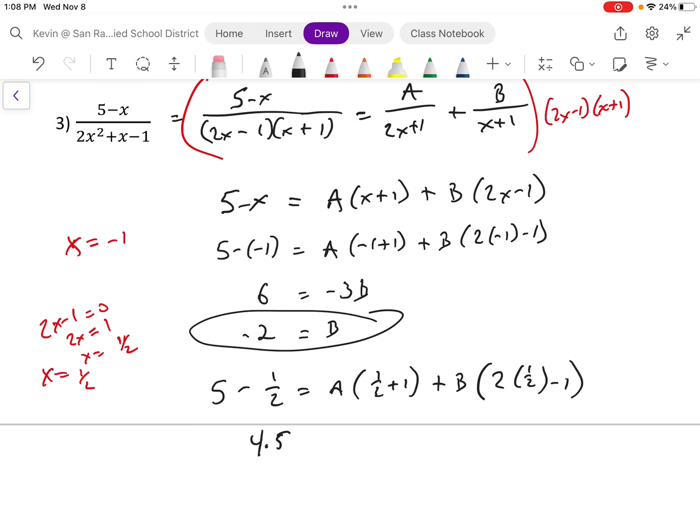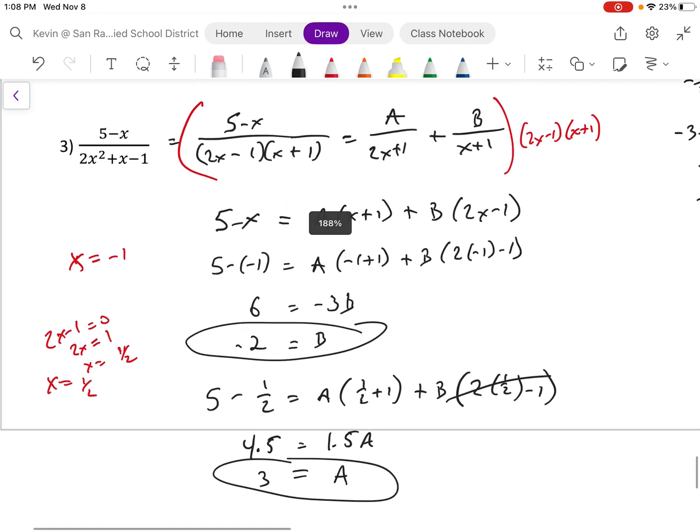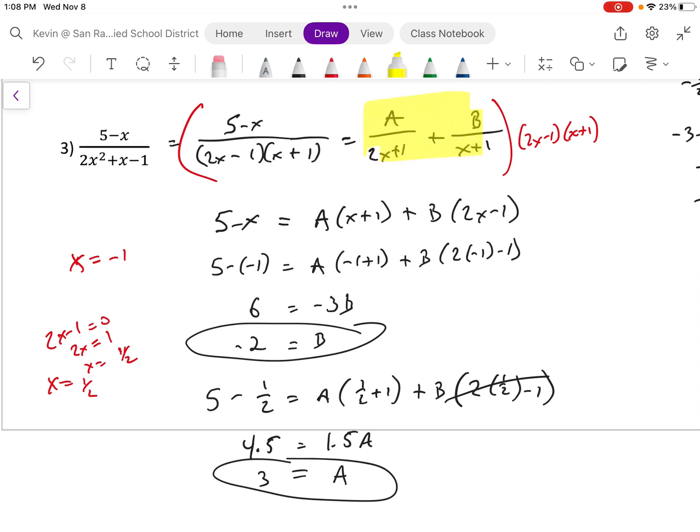Okay, clean this up. We have 4.5 equals 1.5a. We know that b cancels out. So a equals 3. Okay, so we come back up to our original equation up here, and we rewrite that.